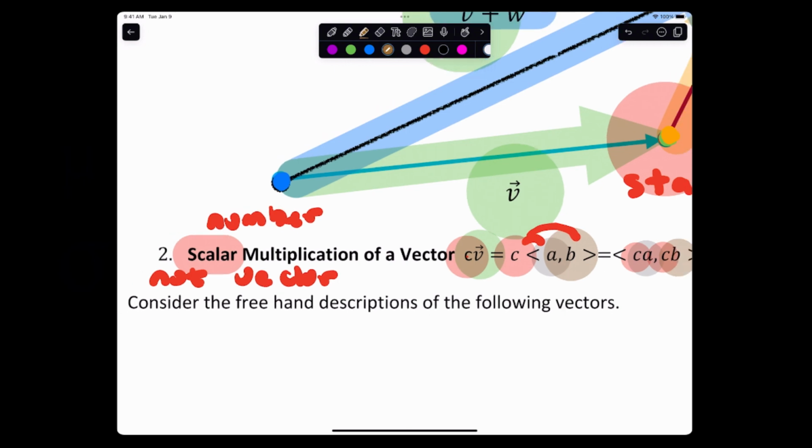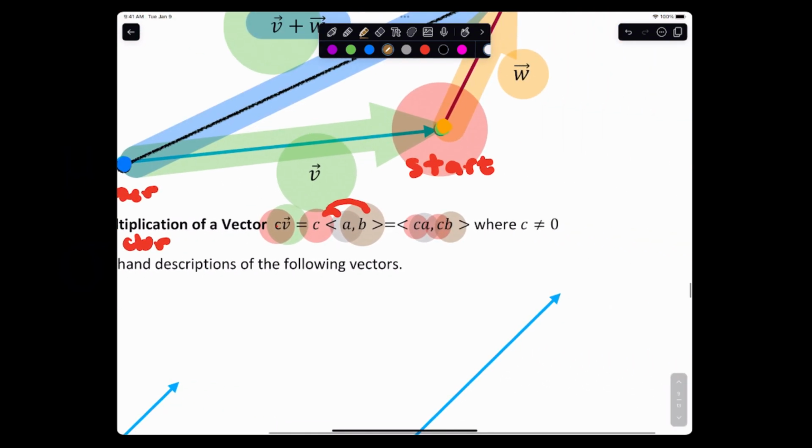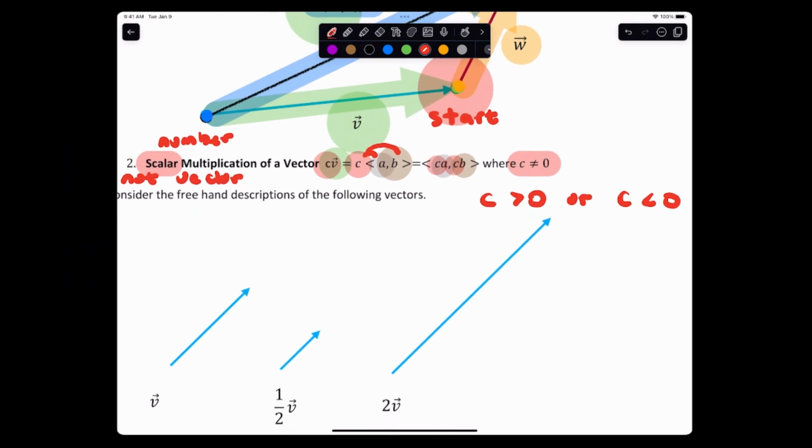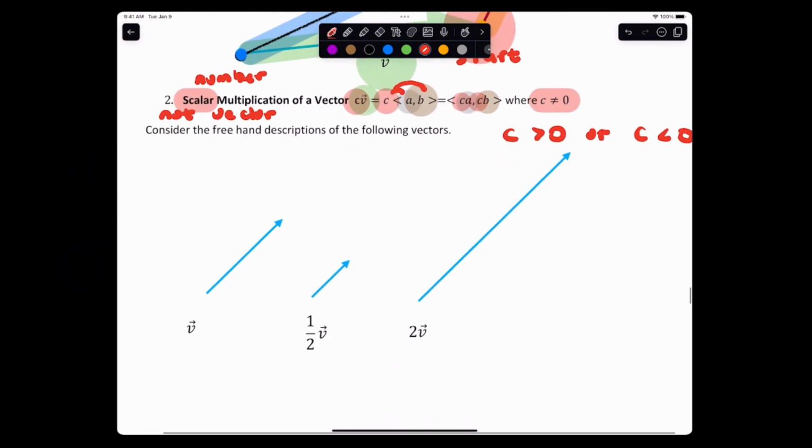And then you say, well, what does that even mean in freehand, right? Well, the requirement for C is that it's not zero. But what that means is C can be what? Positive, or C can be negative. It just doesn't have to be zero. So what is the effect on scalar multiplication freehand again? We're going to look at this freehand. So here's really what the effect is, so you guys know.